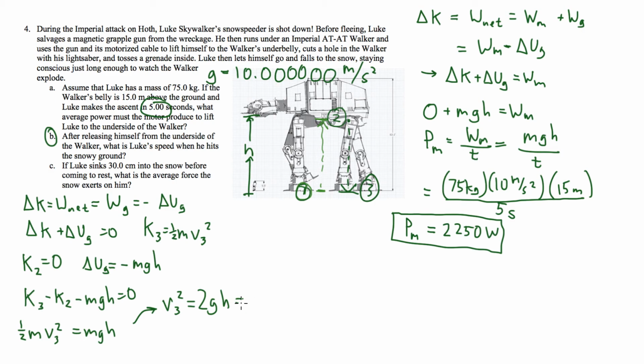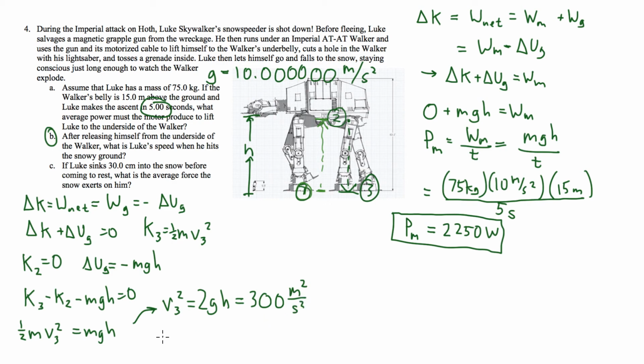So g is 10 here, height is 15 meters, so that's 150 times 2 is 300. So v3 squared is going to be 300, and the units are meters per second squared times meters, so meters squared per second squared.